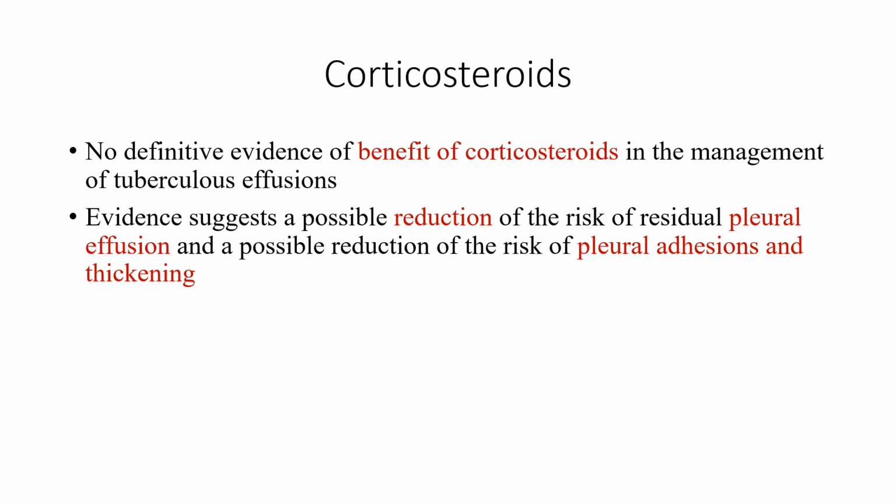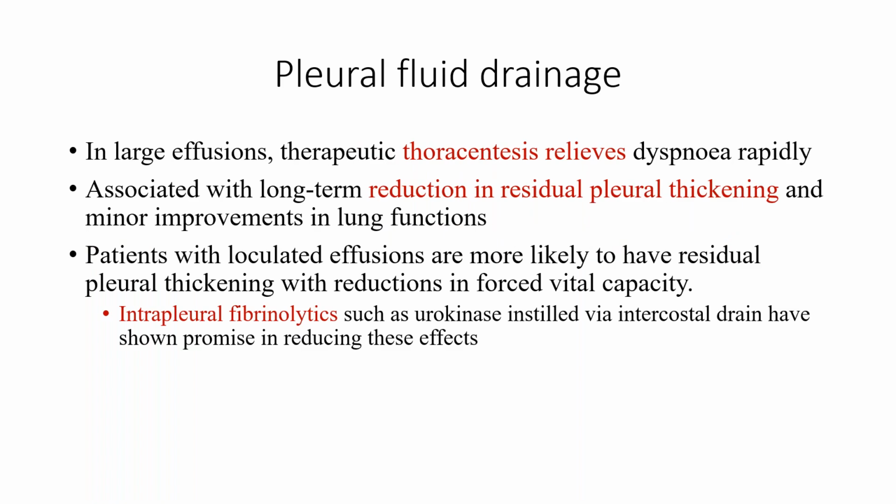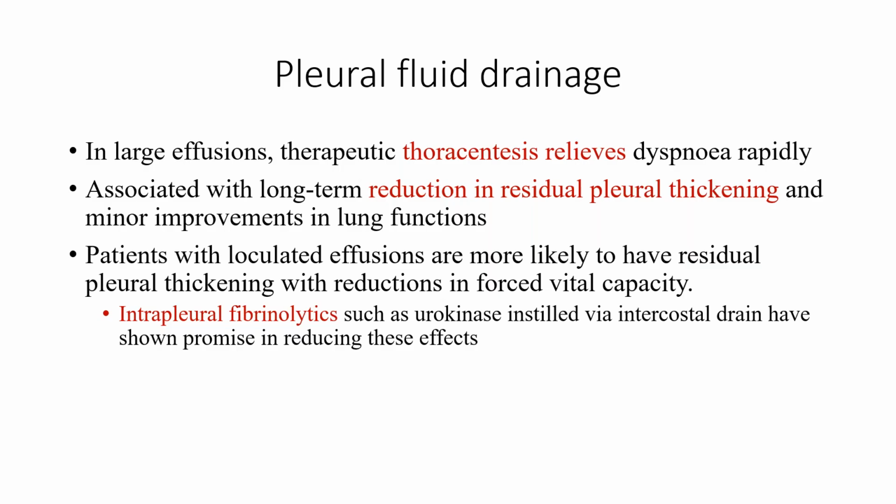When you consider pleural fluid drainage for a large effusion, because the patient is dyspneic, put in a chest tube. If it is small, thoracentesis relieves the dyspnea rapidly, associated with long-term reduction in residual pleural effusion, thickening, and minor improvement in lung function.